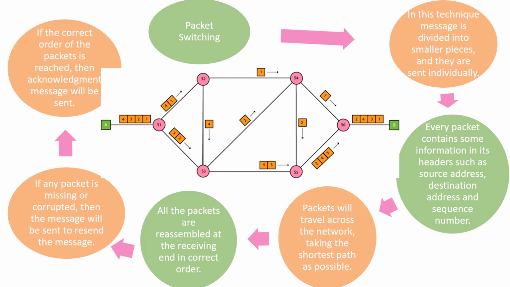This is seen in this diagram. You can understand it from there, and based on the order, the acknowledgement message will be sent. And so this is about packet switching.